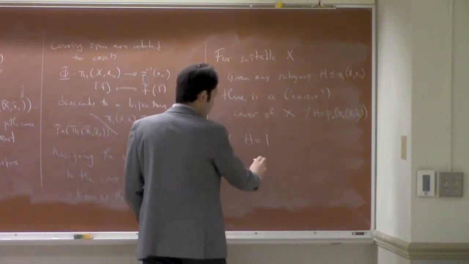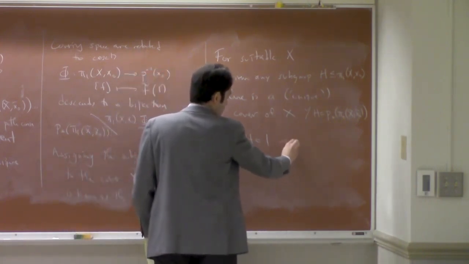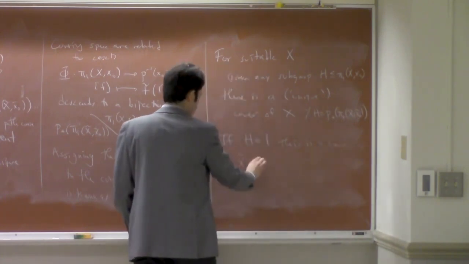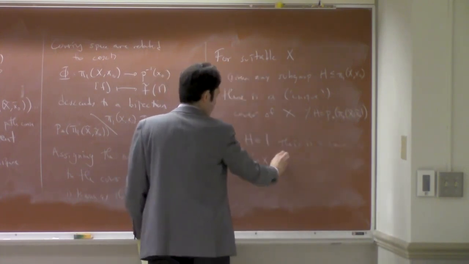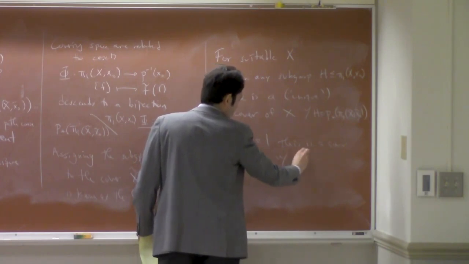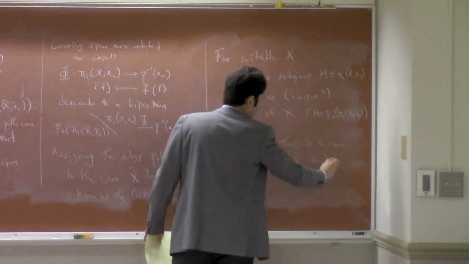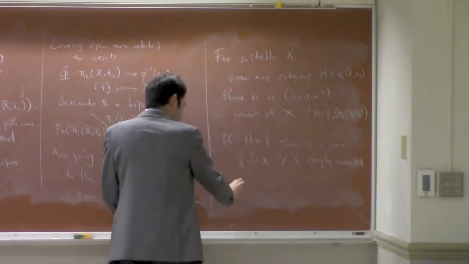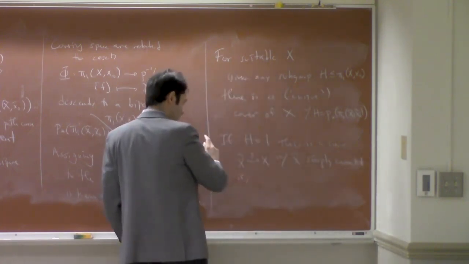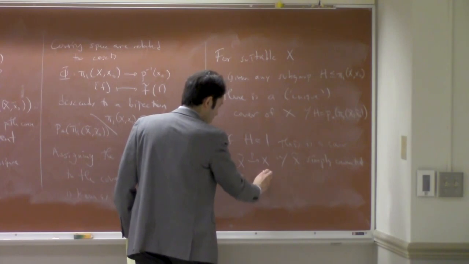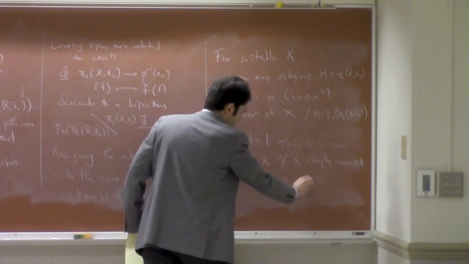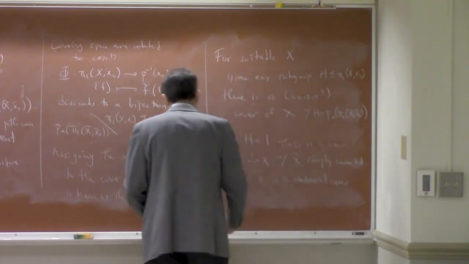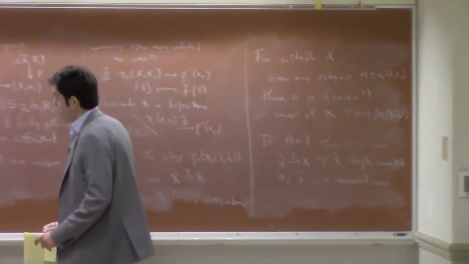So if H is 1, then this is a cover with X tilde simply connected. And as I mentioned last time, that is known as a universal cover.